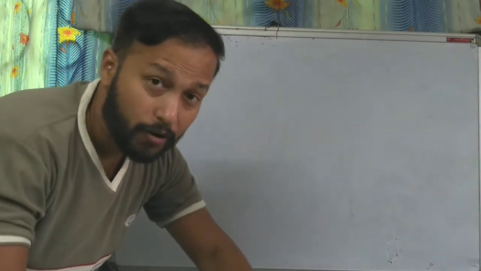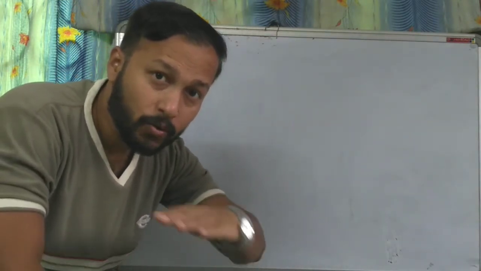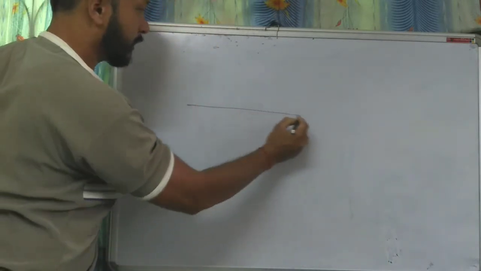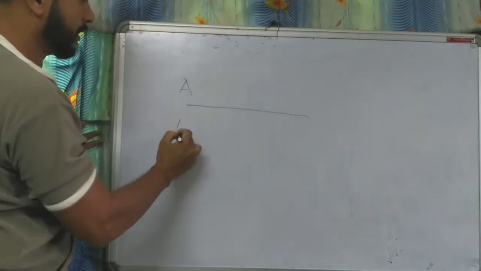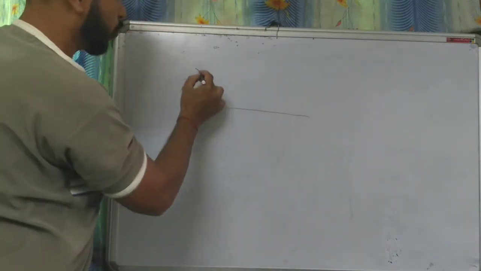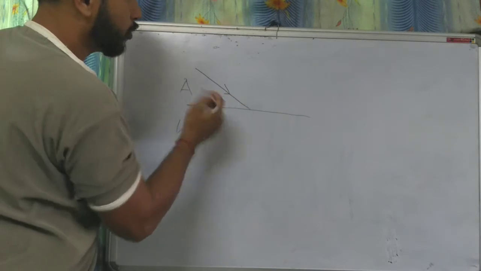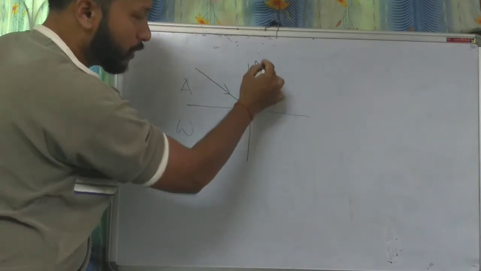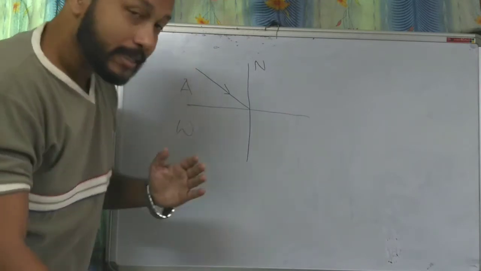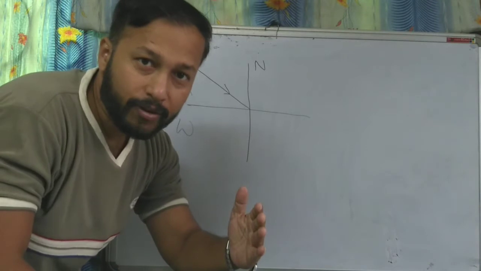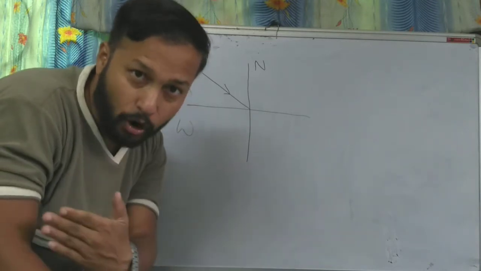As we have seen, when a ray of light goes from air to water, let me draw it. This is air, this is water, and this is my normal. When light goes from air to water, the ray bends towards the normal.